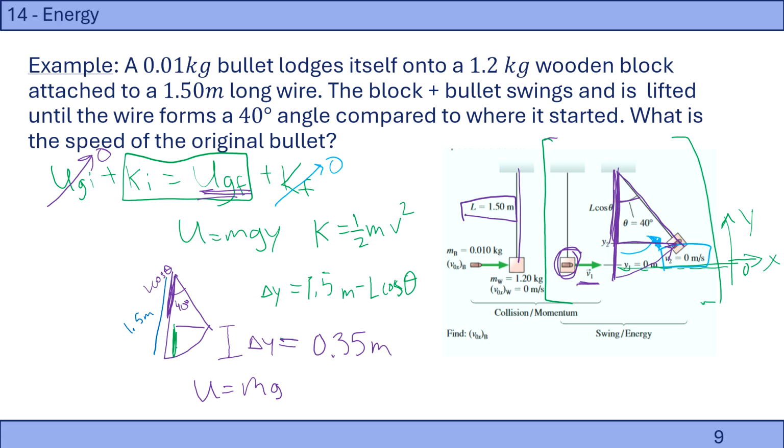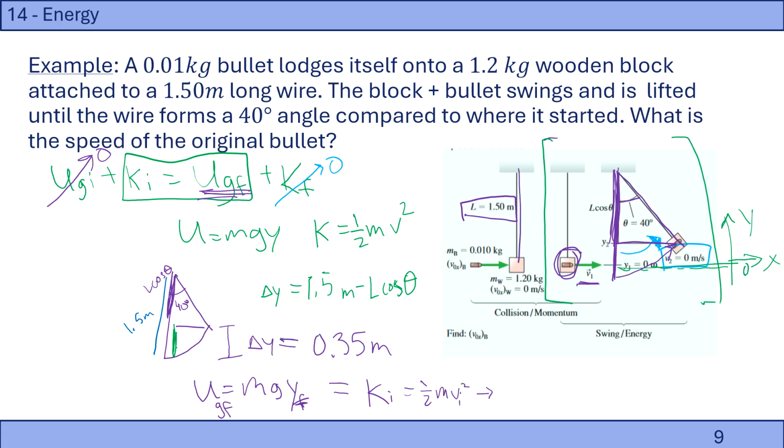Mg, so actually let's be explicit here, U_gf is equal to mgy_f, and this should be equal to the initial kinetic energy, which in general is 1/2 m v_i squared.